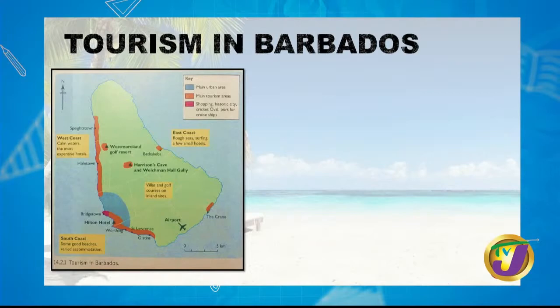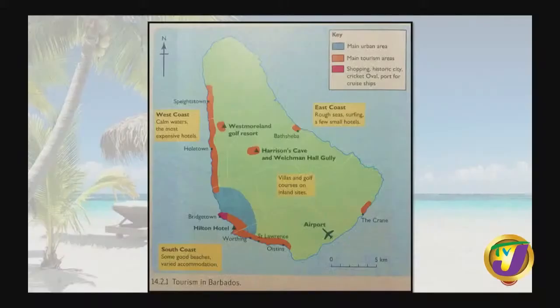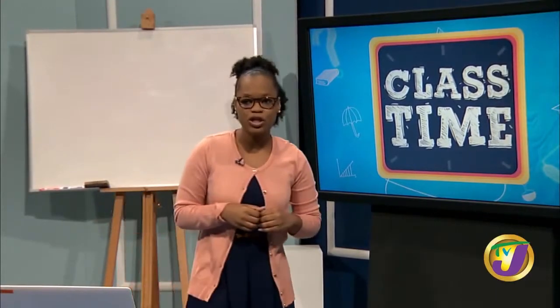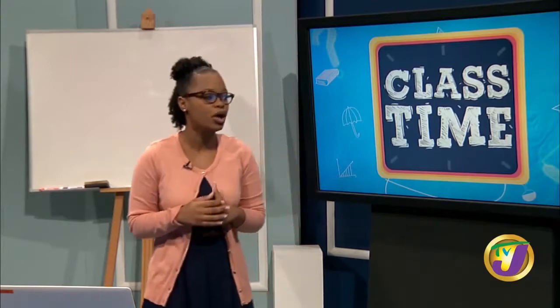So notice we also have an airport. Remember, we talk about accessibility. Good. So the airport will facilitate that. There are natural attractions in Barbados, which would include well-maintained beaches and limestone features such as the Harris Cave and Welchman Hall Gully.